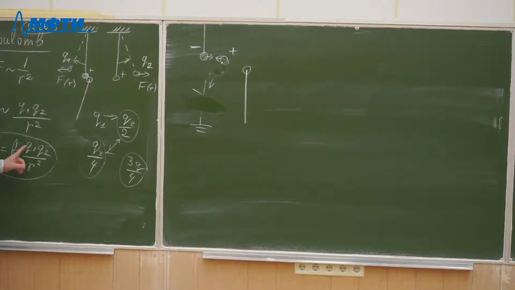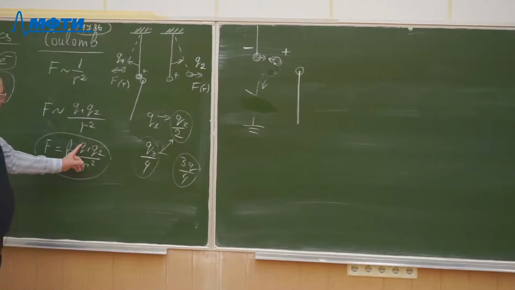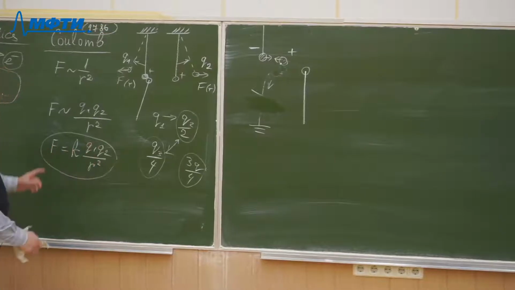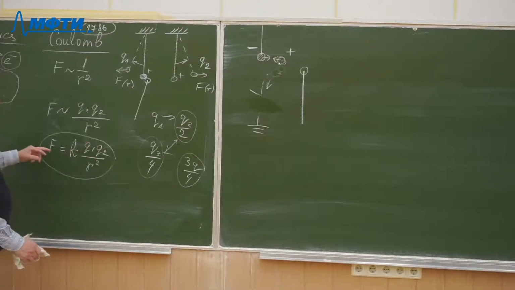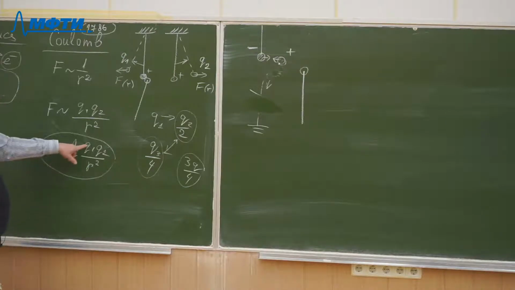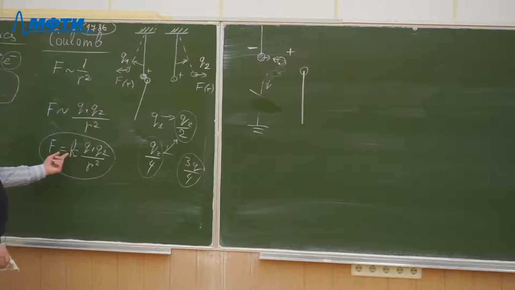If two charges are of the same sign, like two charges positive, then the force will be positive. If you change the sign of one charge from positive to negative, then the minus sign will be here. The force will be minus the original force. It means that the direction of this vector will be different.